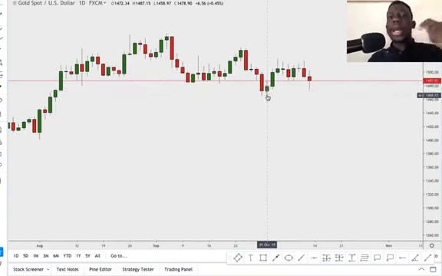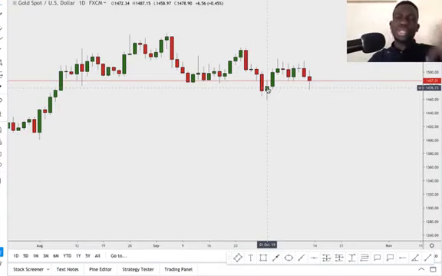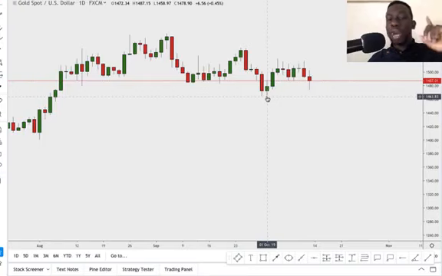Now, because this candle is representing a whole day of trading, if I went to a 1 hour time frame, 24 of those candles on a 1 hour time frame will represent just this one candle.